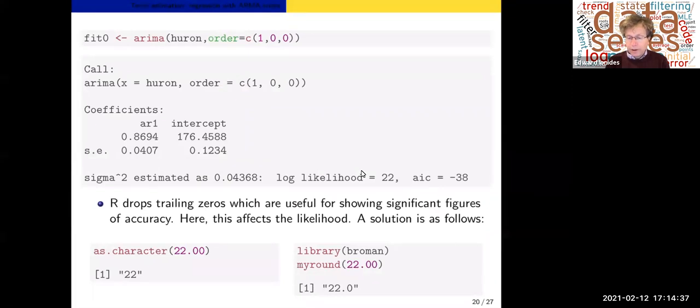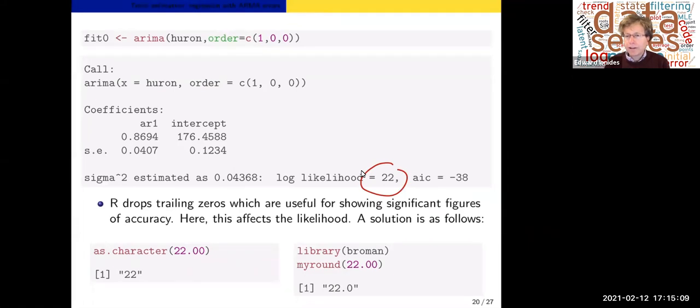Here we go. This is just the AR1 model fitted to this Huron depth data. There's one little detail I wanted to point out for you here. When you see the log likelihood of 22, you might think, why don't we get any significant figures here?